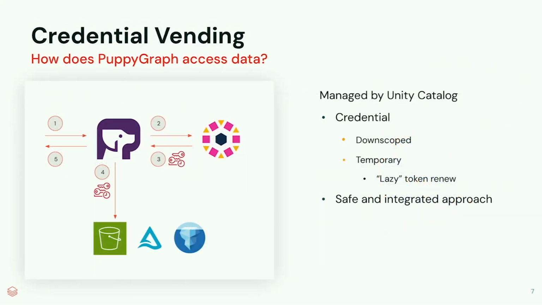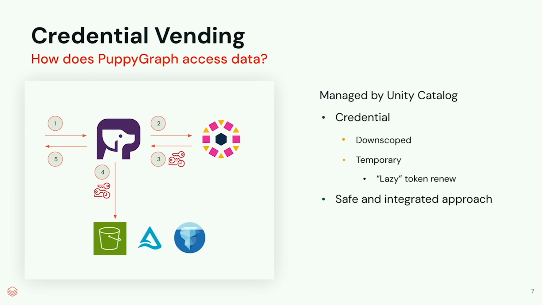The first thing we're going to talk about is credential vending. This is a diagram of the credential vending feature, showing how PuppyGraph talks to Unity Catalog. The data are actually stored in Databricks. In this example, they are stored in Delta format and Iceberg format, in S3 buckets.